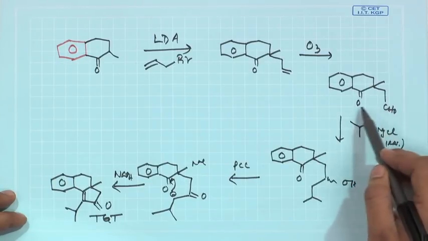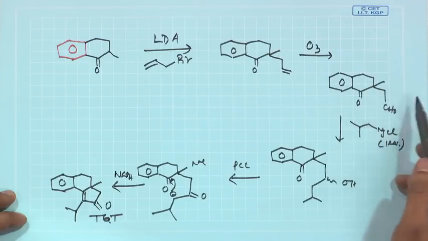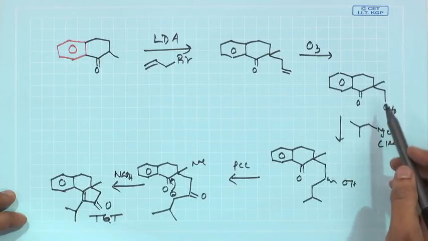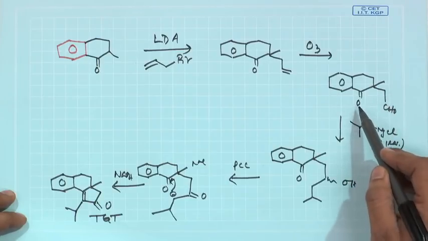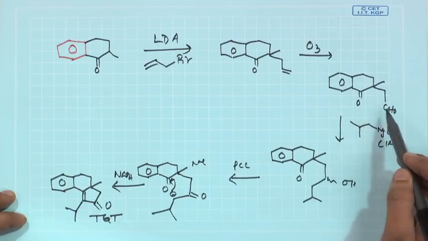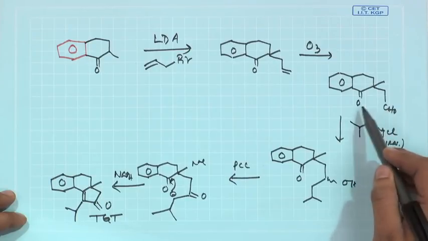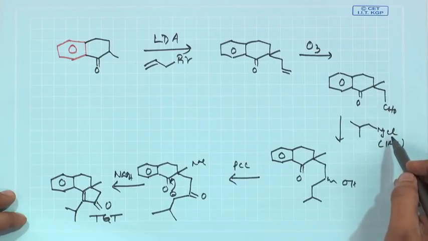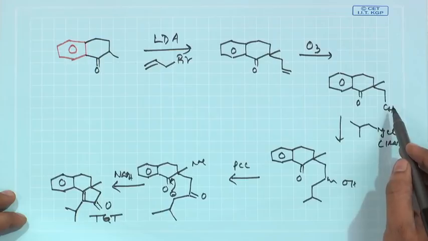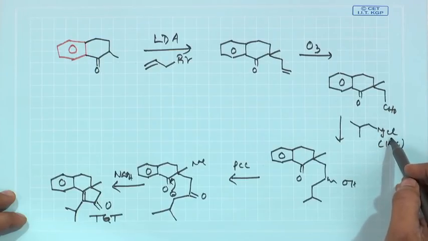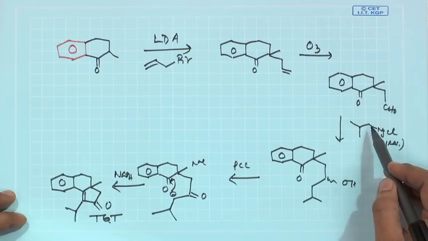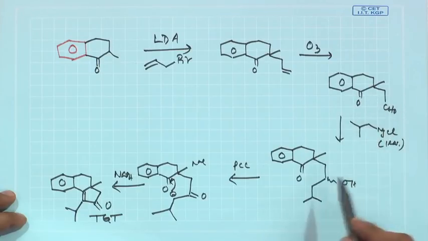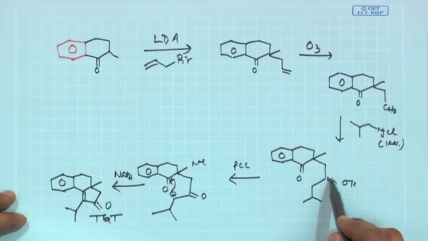Now, here in principle we should do a protection, but that will definitely increase the number of steps. So, what we did, we said that aldehydes are much more reactive than the ketone. So, you can control the reactivity of the aldehyde by using stoichiometric 1 equivalent of Grignard, and in addition this ketone is sterically very much congested. So, use this isobutyl magnesium chloride 1 equivalent to get this secondary alcohol.